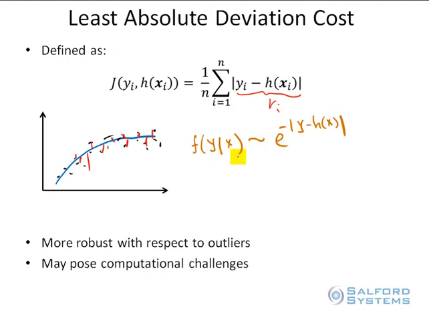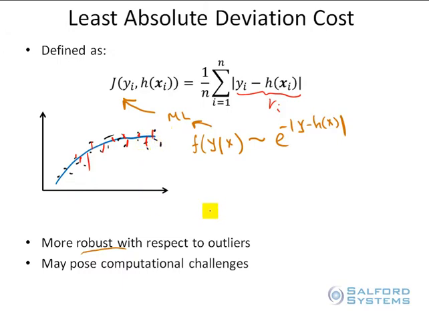If you apply the maximum likelihood principle through this assumption, it will lead you to this definition of a least absolute deviation cost. It also explains why it has more robust features with respect to outliers. It's simply because it allows statistically much thicker tails, and it also doesn't take residuals as squares. It simply takes them as absolute deviation.